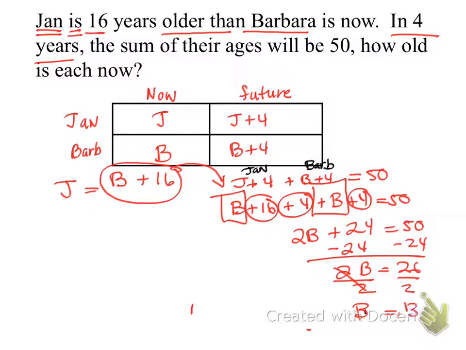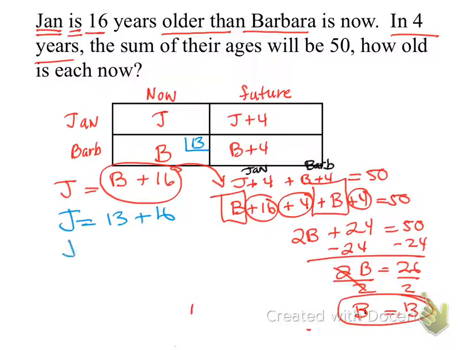And B is equal to 13. So if B equals 13, and look where I put this, I'm substituting 13 right here in that box. Now, what do I have to do to find Jan's age? Substitute 13 into B plus 16.